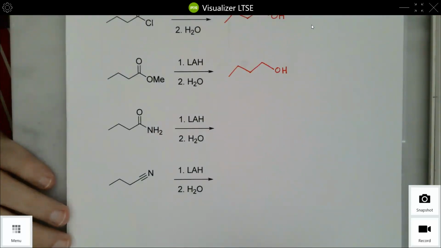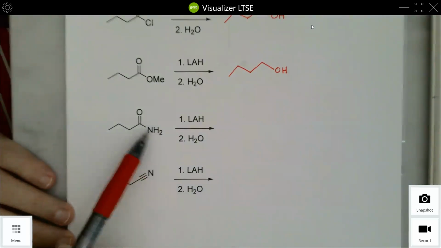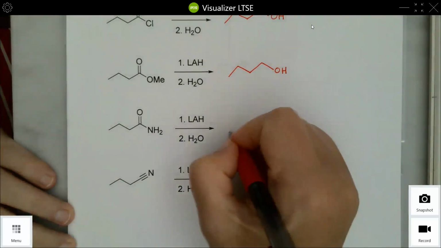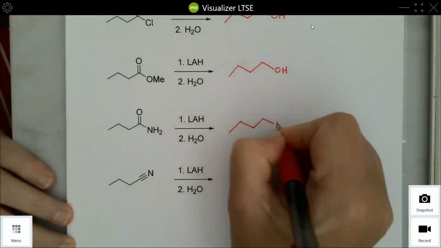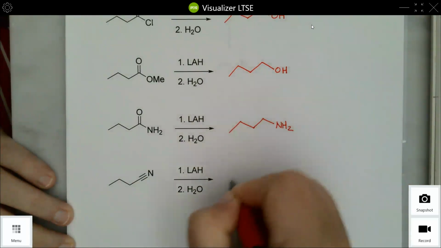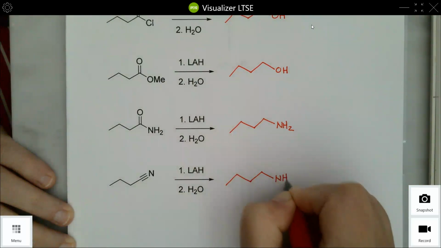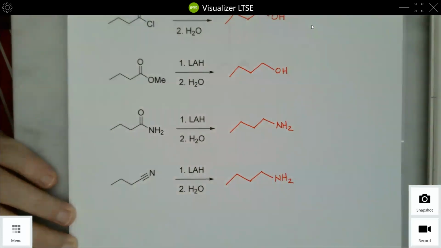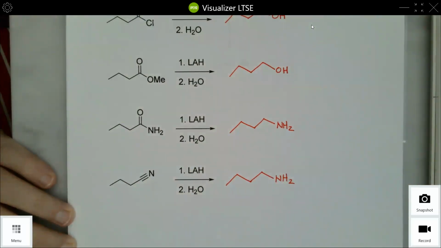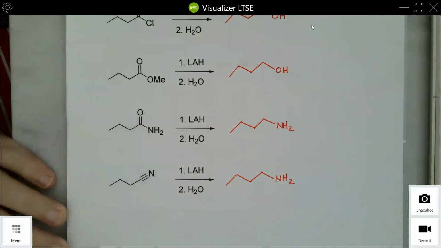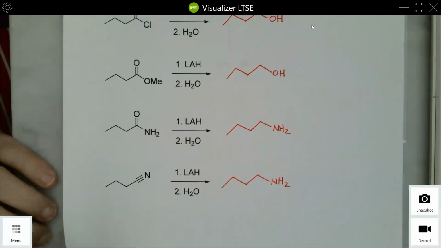But both the amide and the nitrile will reduce down to an amine. So that is something to remember, that we would get the primary amine instead of an alcohol with these two. And these are the ones you can see actually have a nitrogen, so it's a good way to remember that.